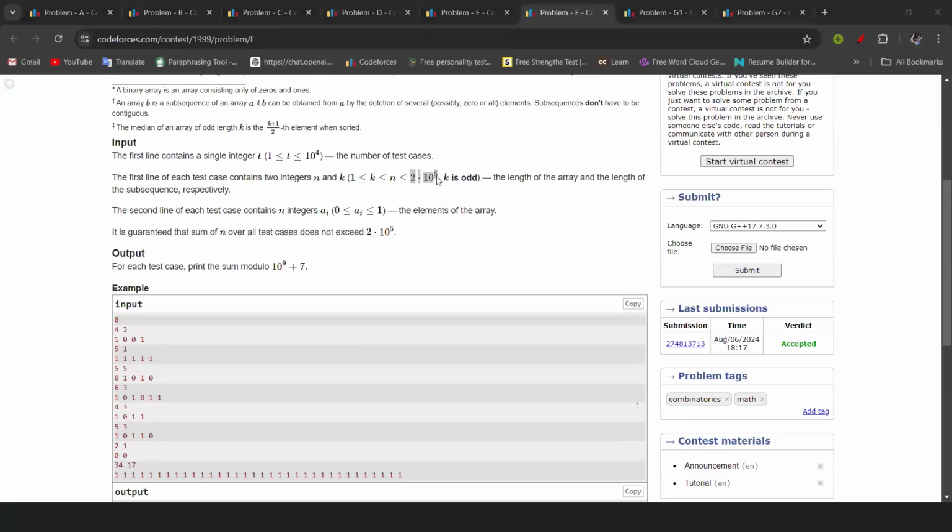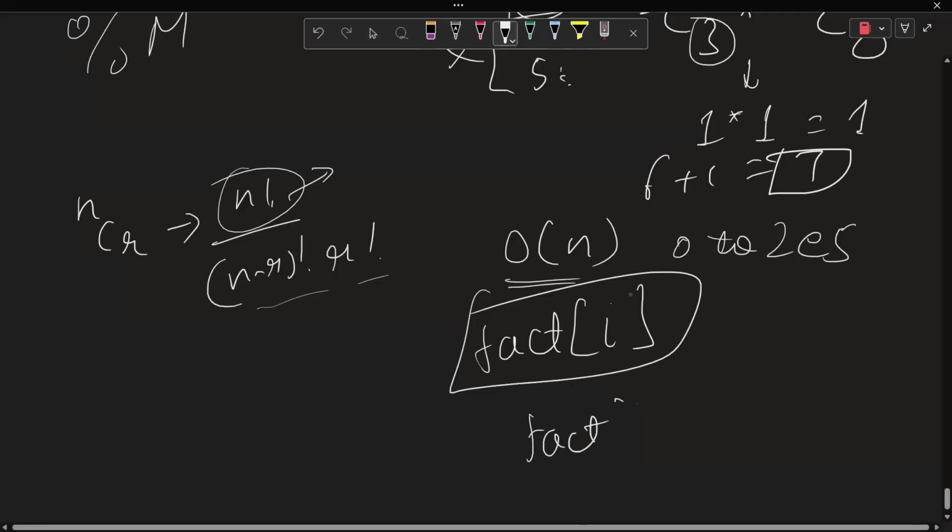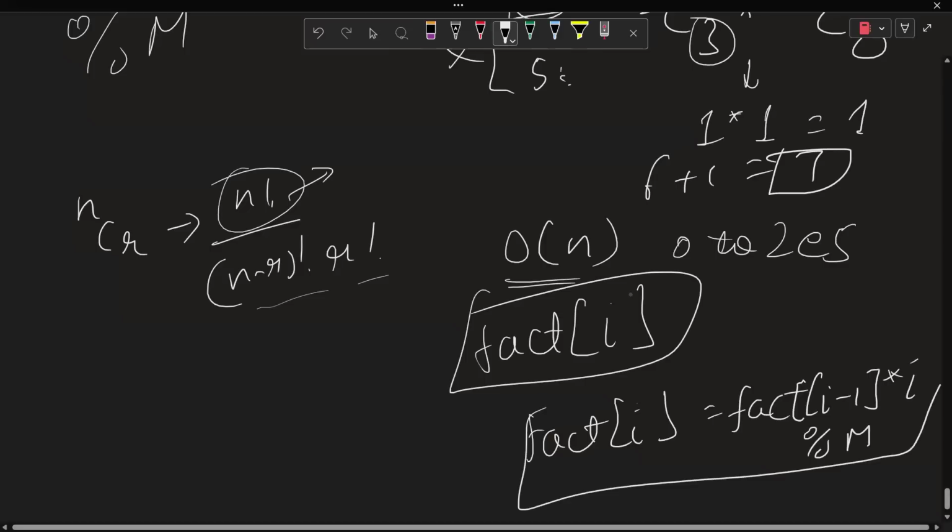So just pre-compute that for every i from 0 to 2e5. Just pre-compute your factorial modulo m. Just do a modulo m everywhere. You can calculate fact i as fact i minus 1 into i modulo m. So this way you can pre-compute your factorial beforehand.